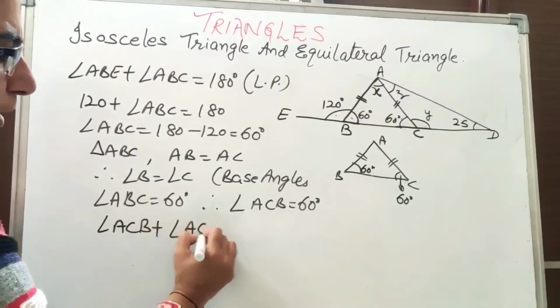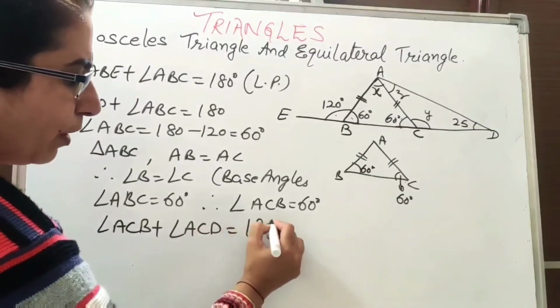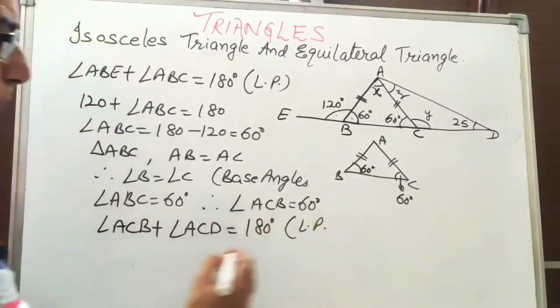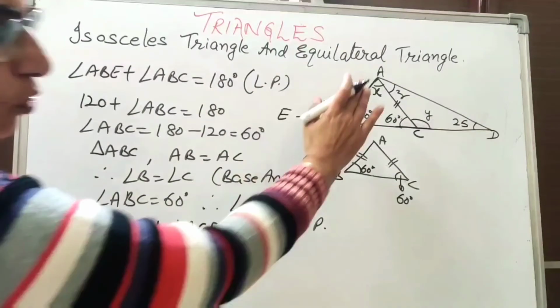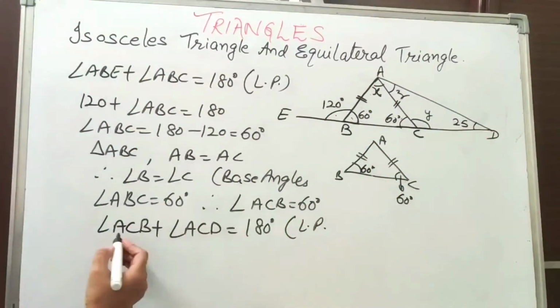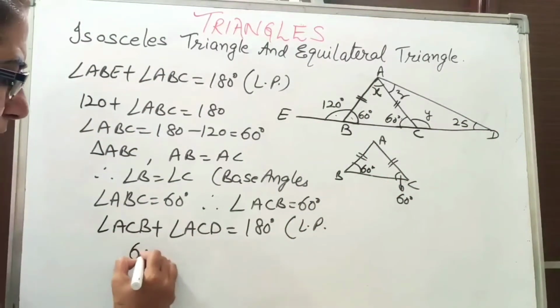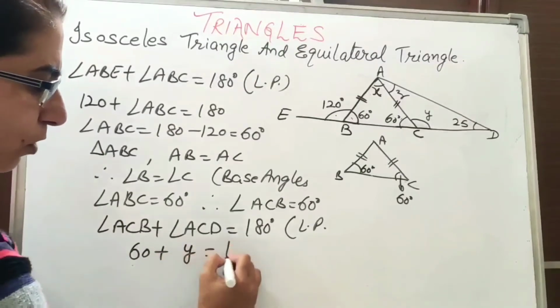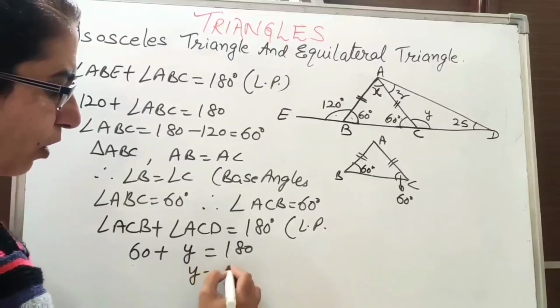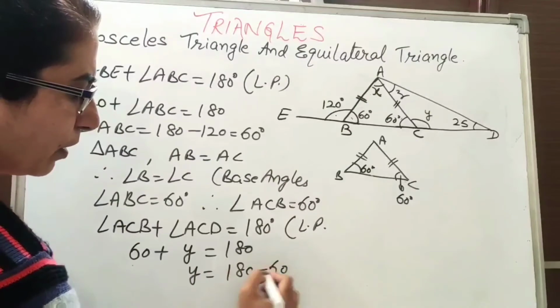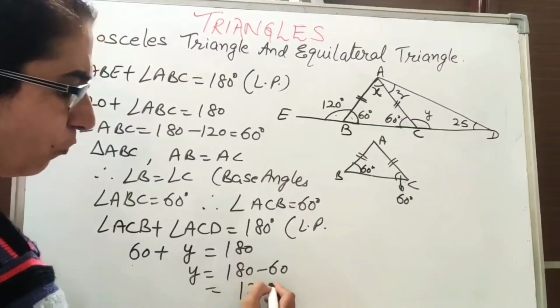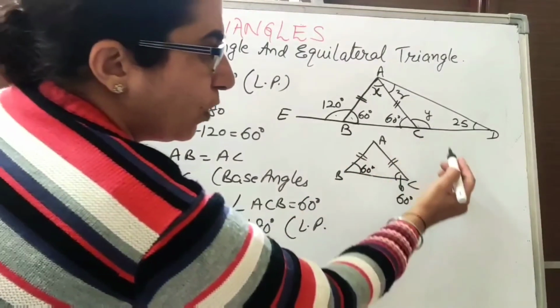ACB plus angle ACD is equal to 180 degrees. So from here you can get the value of ACD, or you can say Y. ACB is 60 degrees, so Y is 180 minus 60, that is 120 degrees. So Y is 120 degrees.